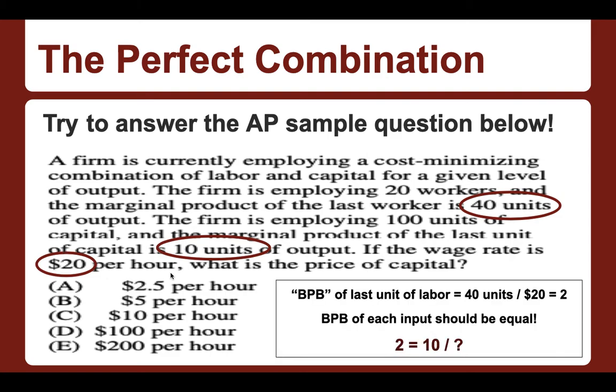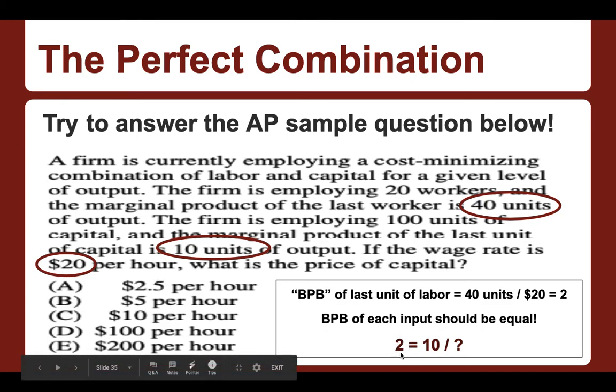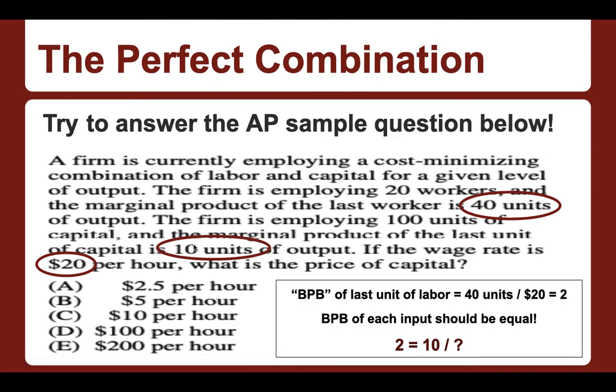What we can do then is take that 40, the marginal product of the last worker, divide by the $20 per hour we're paying them, and that gives us a bang per buck of 2 units per dollar, right? And we can just set that equal to now a fraction. We know that that has to be equal to the marginal product of the last unit of capital, 10 units of output, divided by whatever we're paying for it.